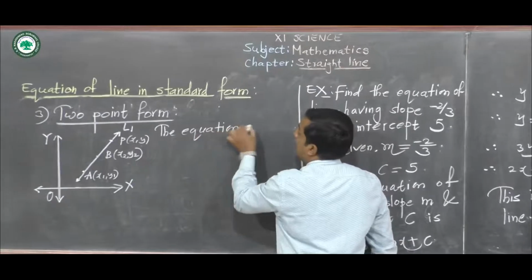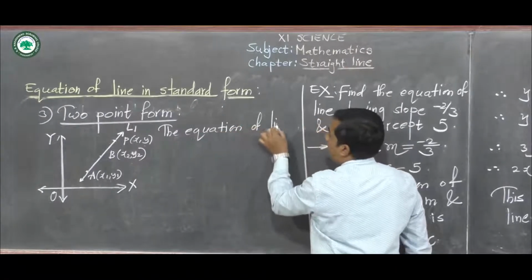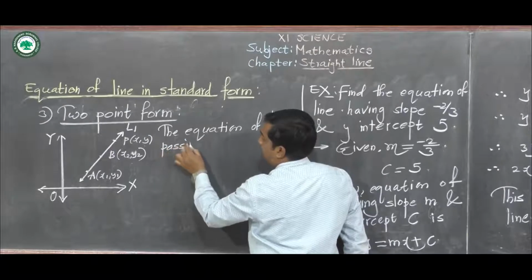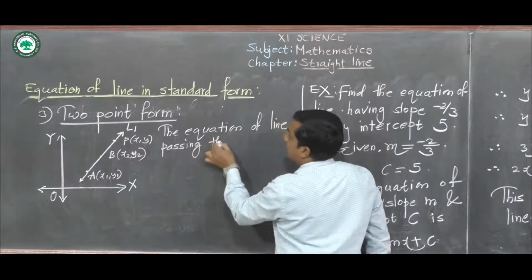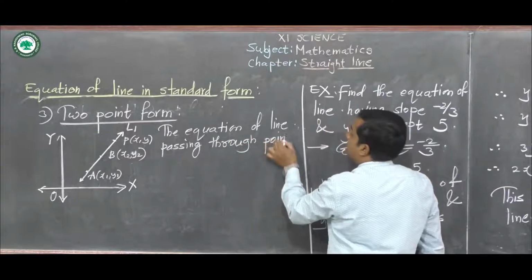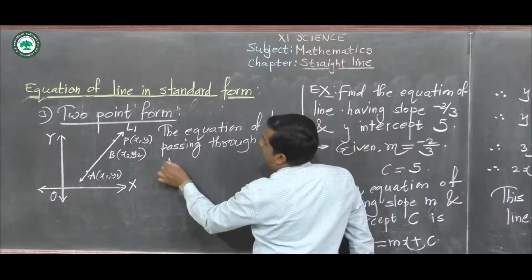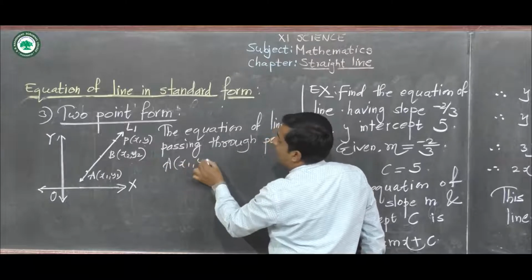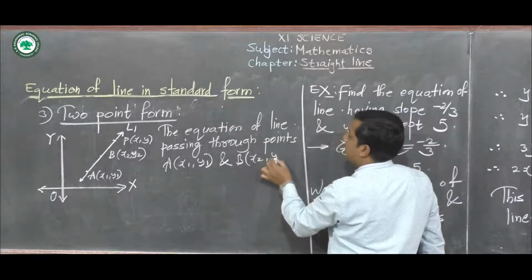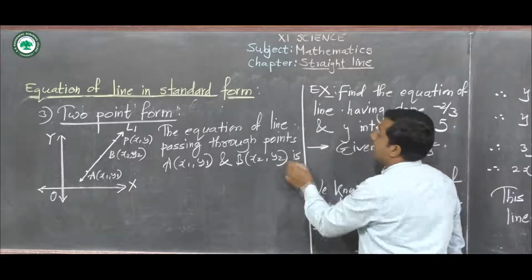The equation of line passing through points A of x1, y1 and B of x2, y2 is.